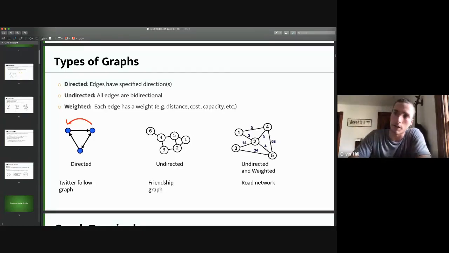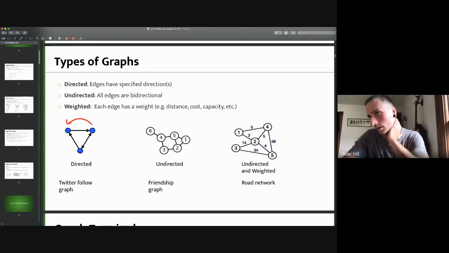Then we have undirected graphs where a connection implies some relationship that is mutual. So we would all hope that if we are friends with somebody else, they are friends with us as well. So that graph could be undirected.